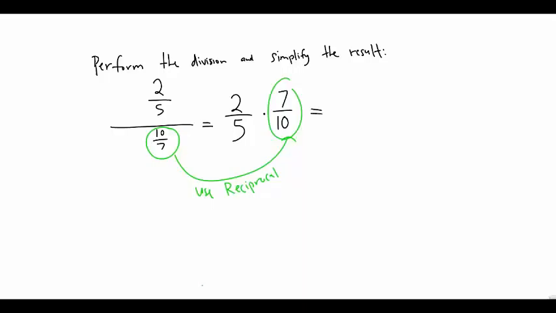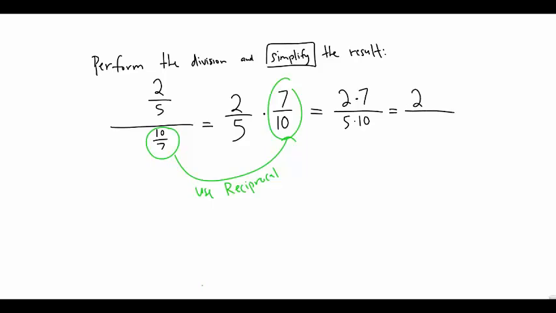Now, to multiply two rational numbers, we can multiply the two numerators together and the two denominators. So it says, simplify our result. Our final answer needs to be in lowest terms. And we need to see if there are any common factors.